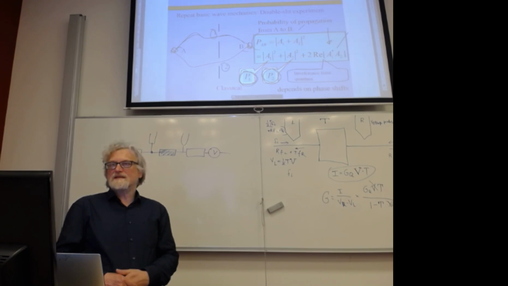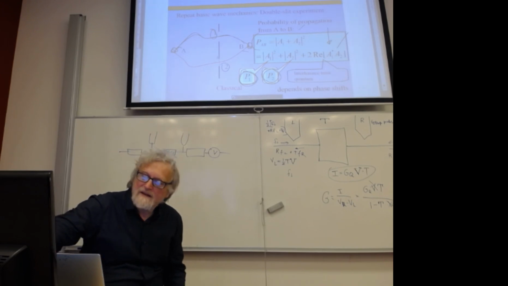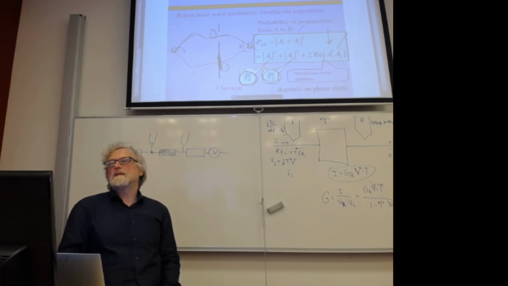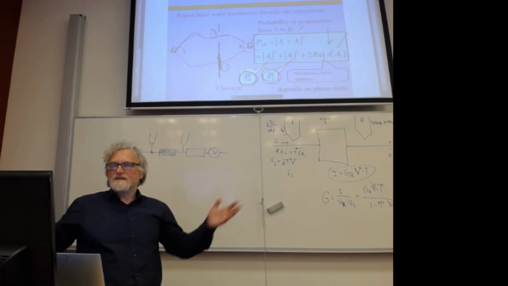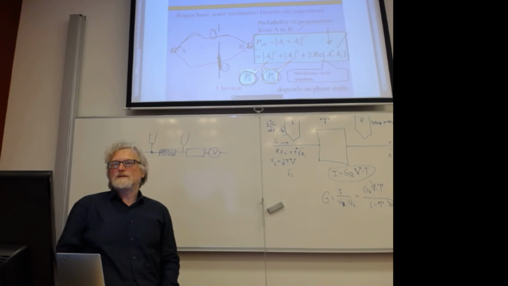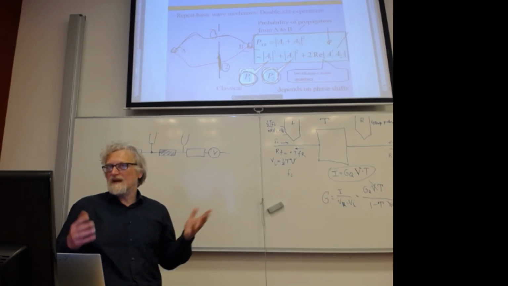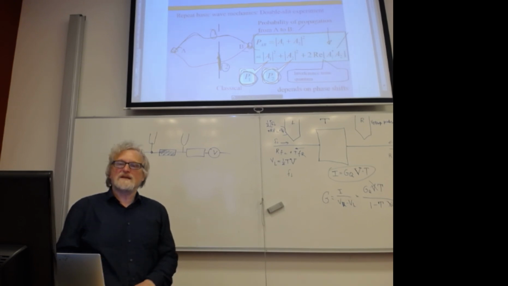So interference allows us to see phase shifts. If we close one slit, there's no way to measure the phase shift just by measuring intensity, just measuring probabilities.